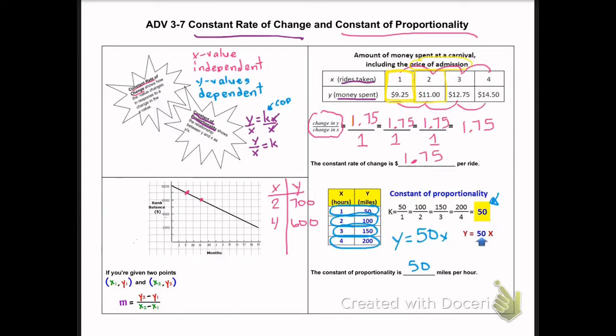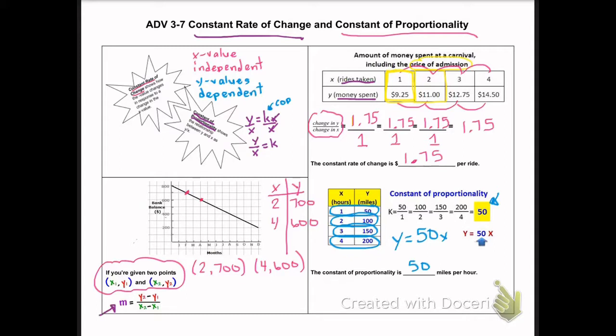So if I want to find that constant rate of change, I've got 2 points. I've got a point at 700. And I've got a point at 600.